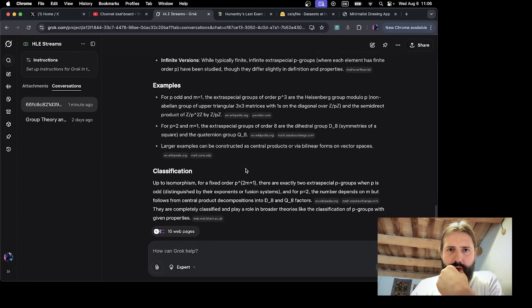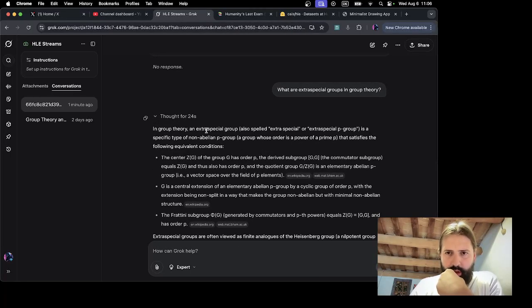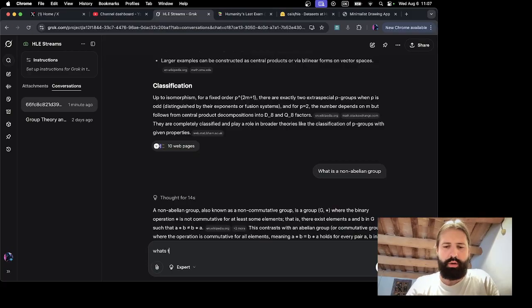Then it also mentioned something about p-groups. So extra special groups are a specific type of non-abelian p-group. A p-group is a group whose order is a power of a prime. What's the order of a group?